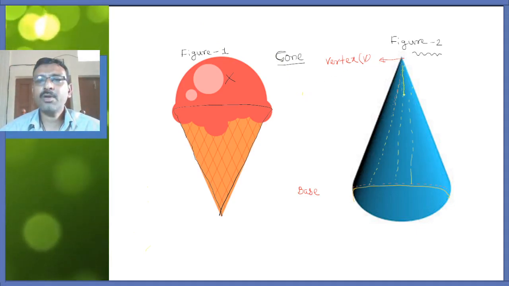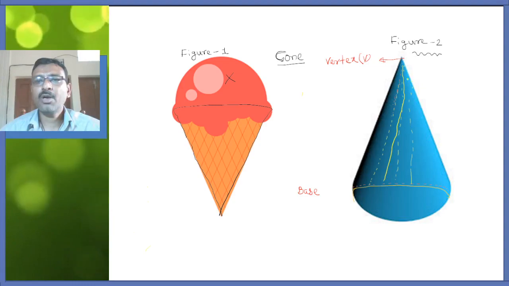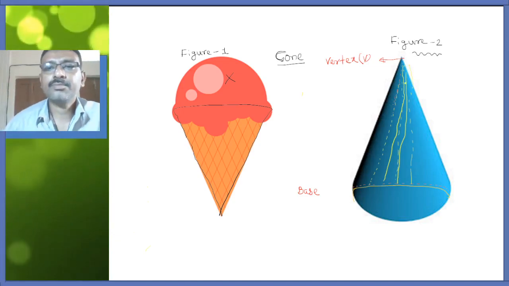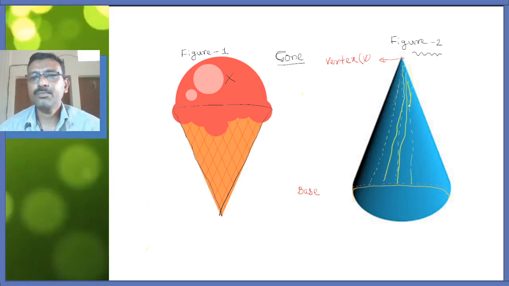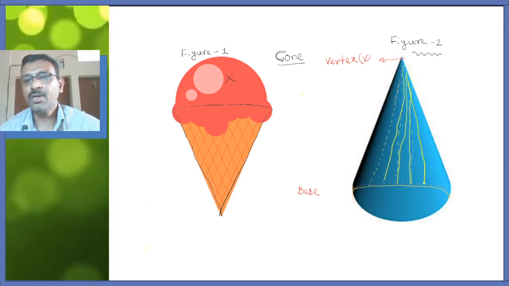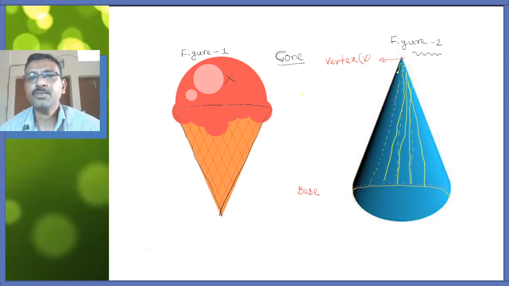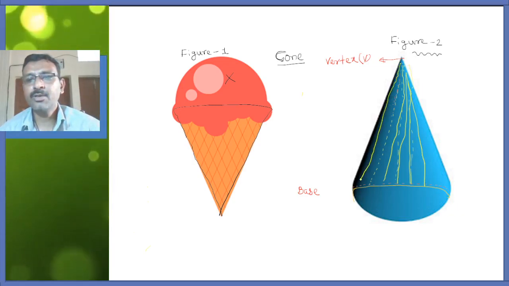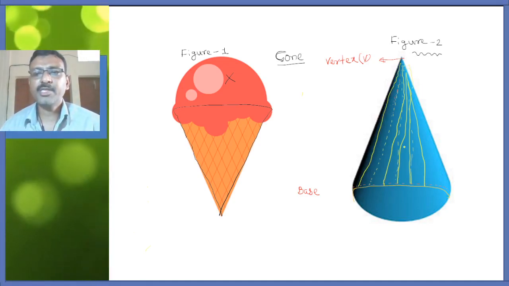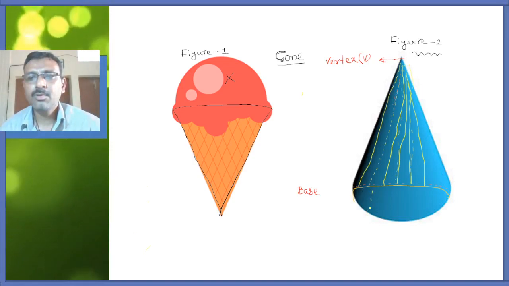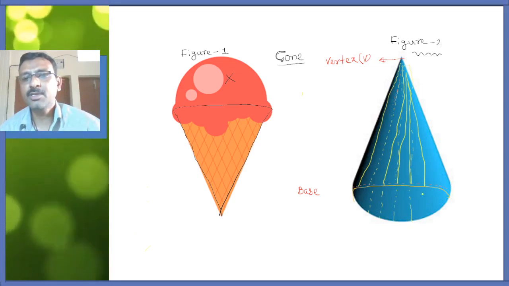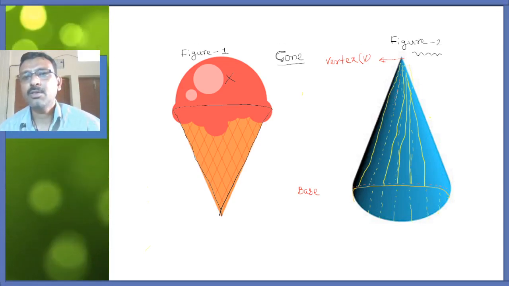Actually, these are straight lines, I am not able to draw them as straight lines. Every line starts from the vertex and meets the base curve. The back side lines also touch the base curve.